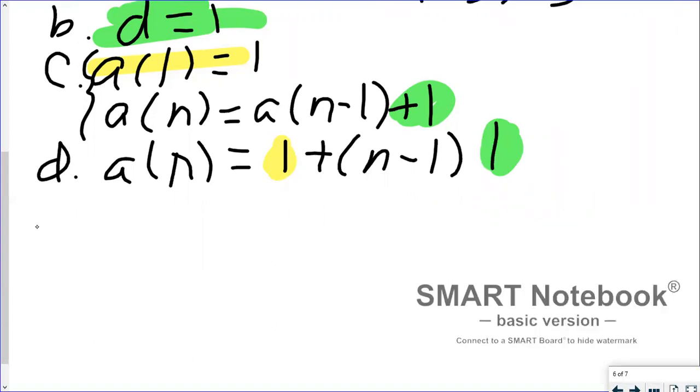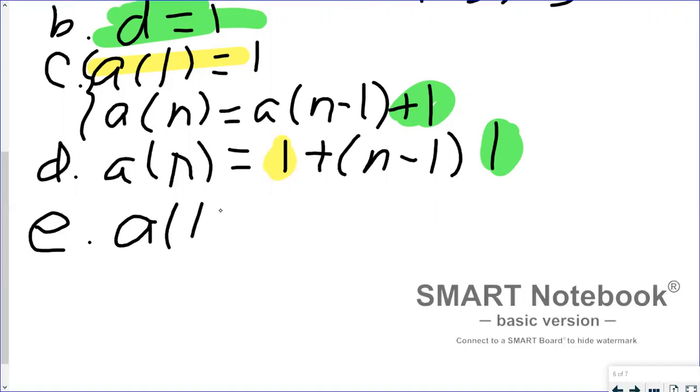And then in part E, it's asking us to use the recursive or explicit formula for the 100th term. In the previous section of the video, we showed how we could find the 20th term using the explicit formula. If we try to use the recursive formula, the problem will be a lot more challenging than it needs to be. So we're just going to use this explicit formula. So we'll plug in 100 for n.